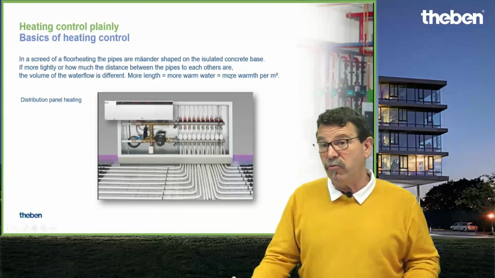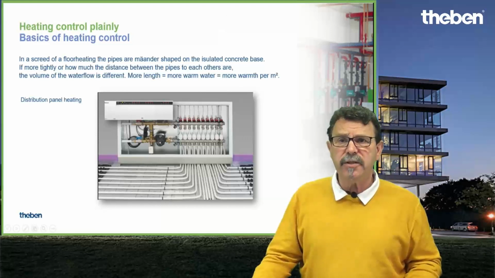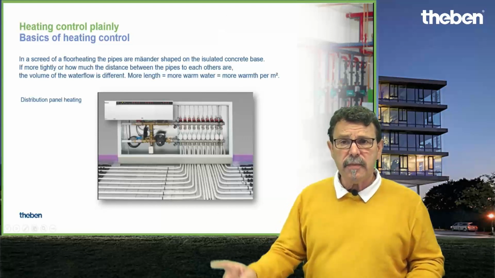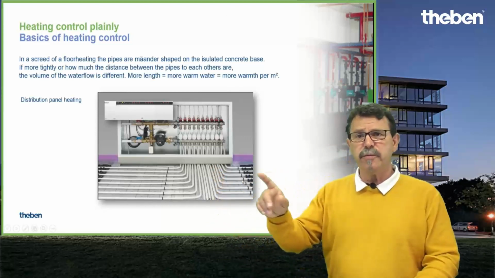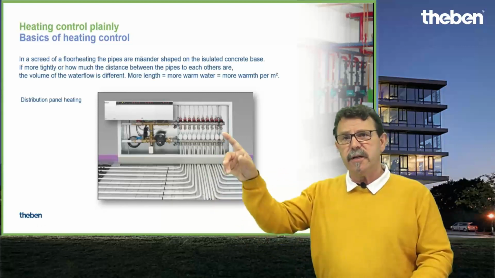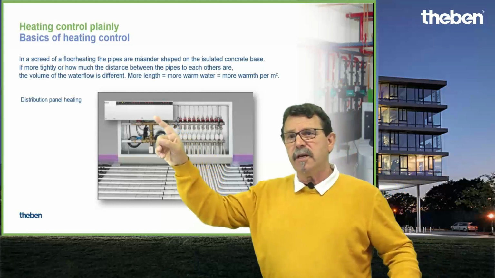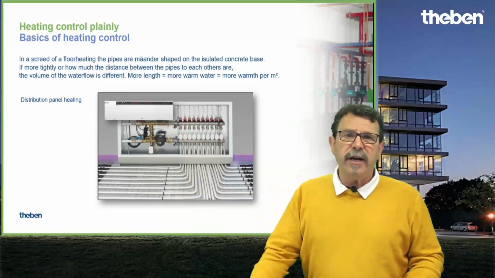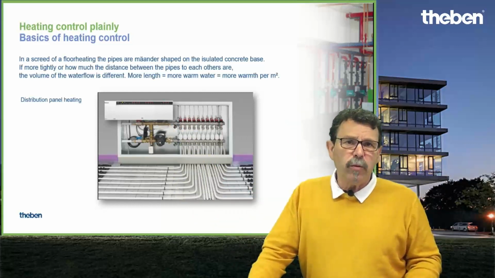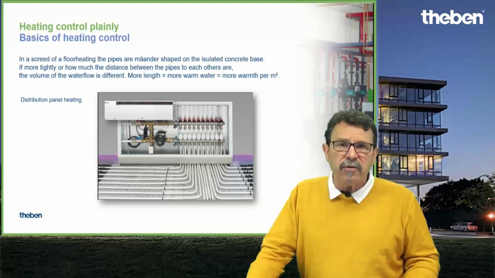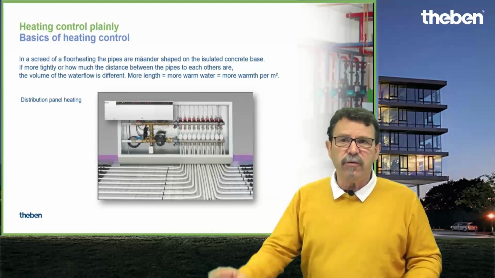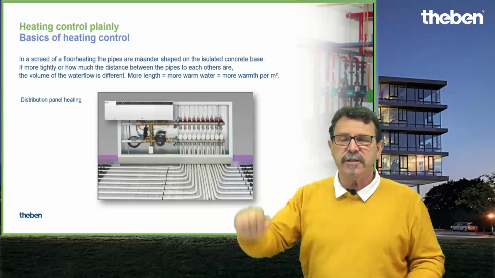That's how it can look in reality. These pipes here are going to the rooms and back from the rooms. Here are the thermal valves finally. In this example, we have our underfloor actuator, which allows setting 3 of these Theben valves per channel.